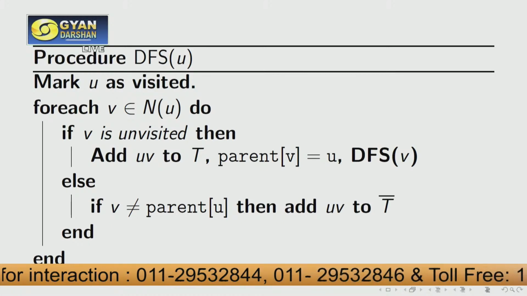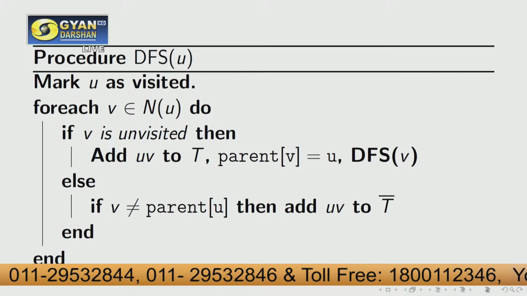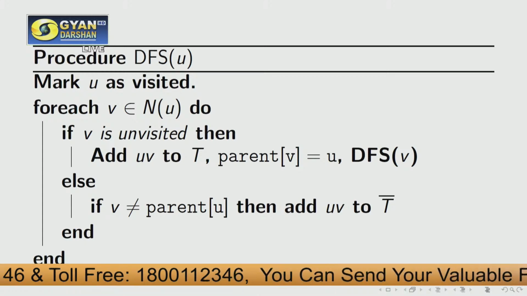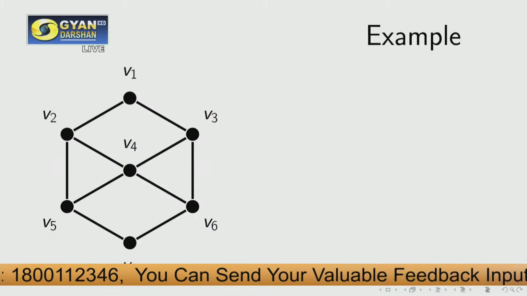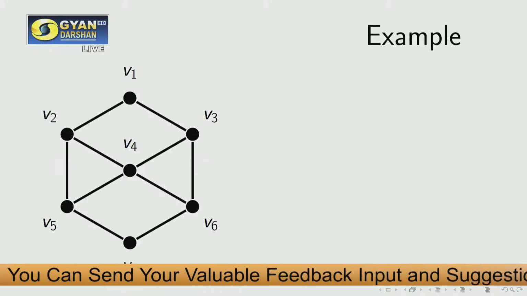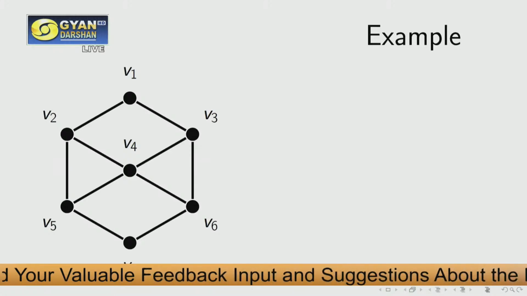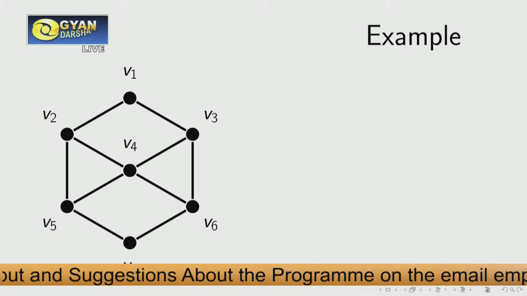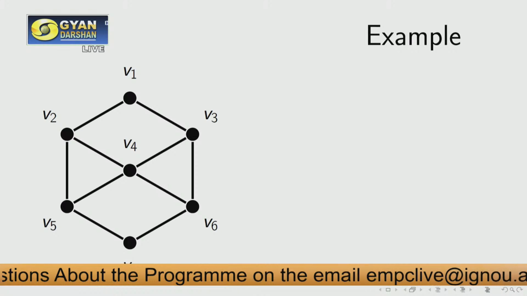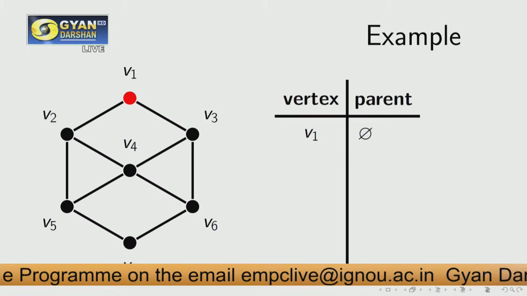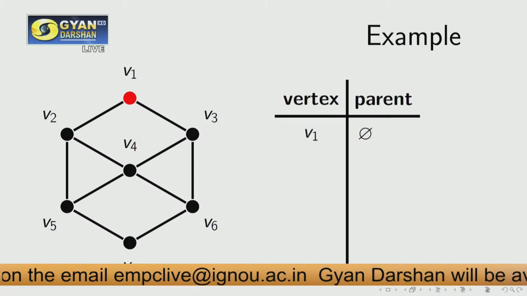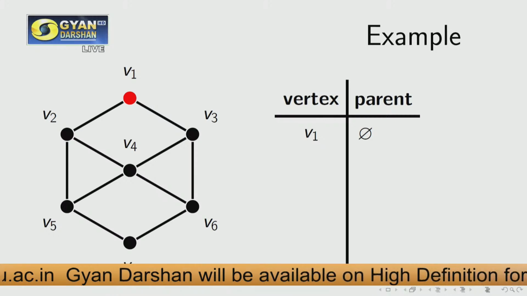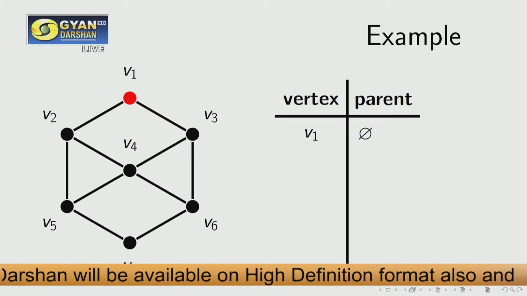So let's look at an example of how we can compute the fundamental cycles. So here is a graph. You can see that the graph has 7 vertices. Again, let's start with the root vertex, say V1. On the right hand side, you can see a table which just stores the parent of each vertex.